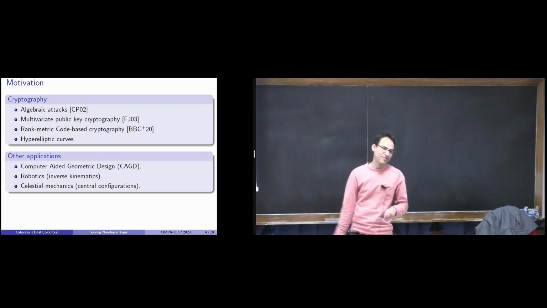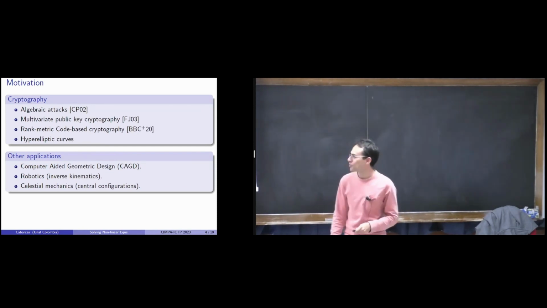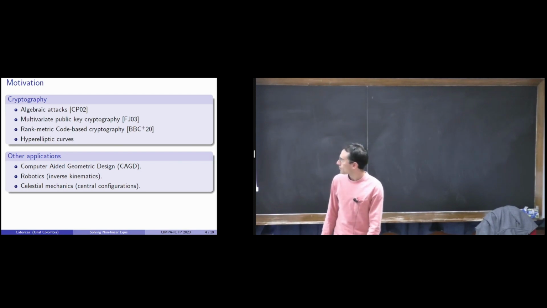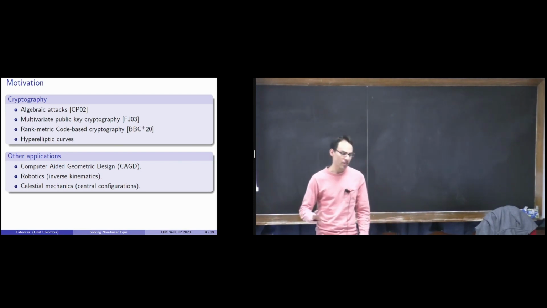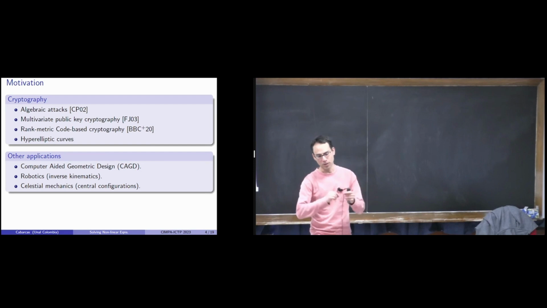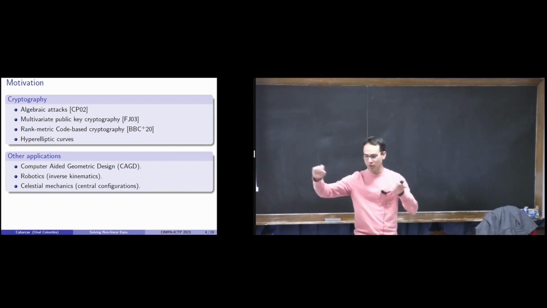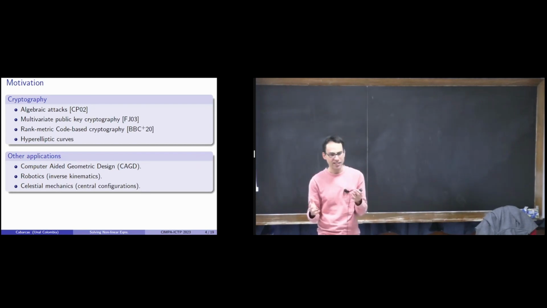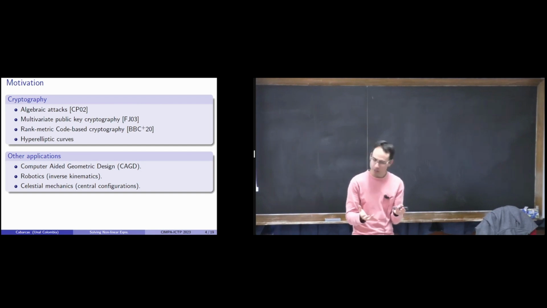And of course, there are many more applications. There are applications to computer-aided geometric design. When you are using curves or surfaces to design, you want to have two kinds of descriptions of the curve.